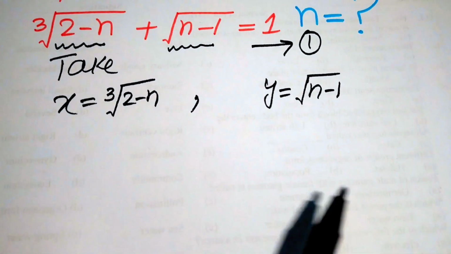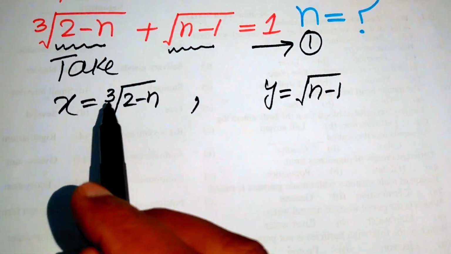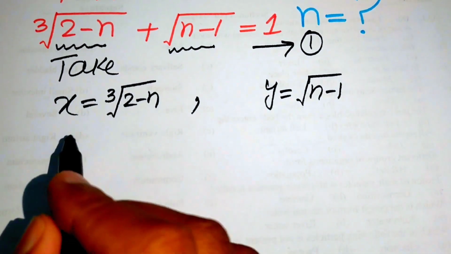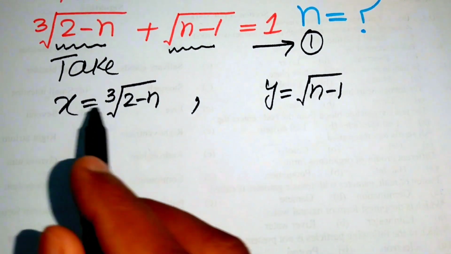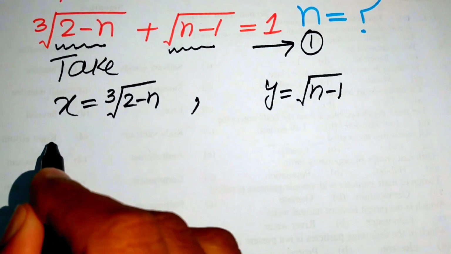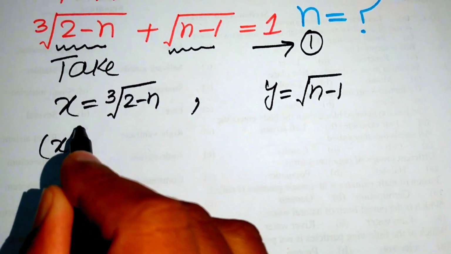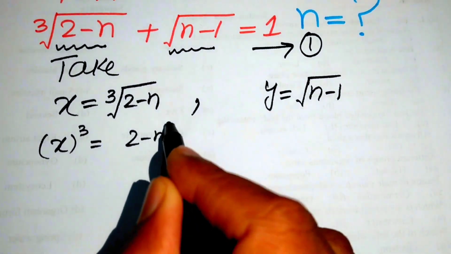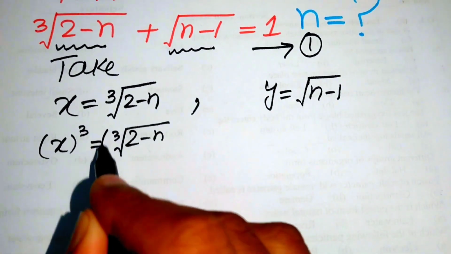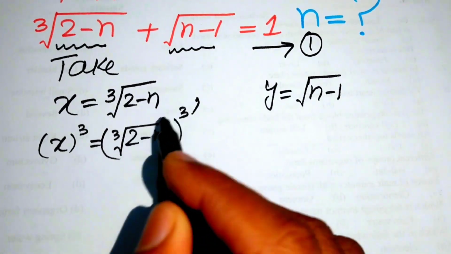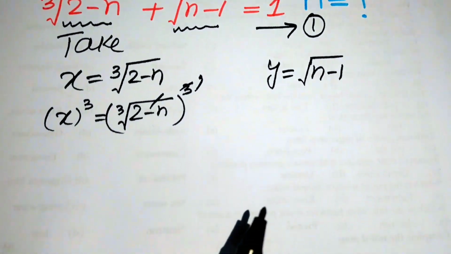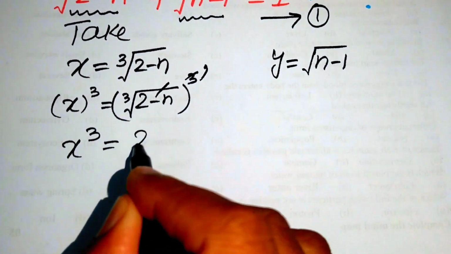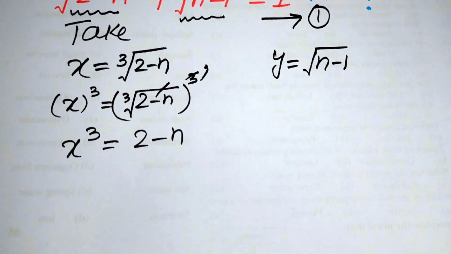And now, if we remove this cube root and this square root, then in order to remove this cube root, we take cube on both of the sides, so we remove the cube root in the right hand side, and we have x cubed equals to 2 minus n.